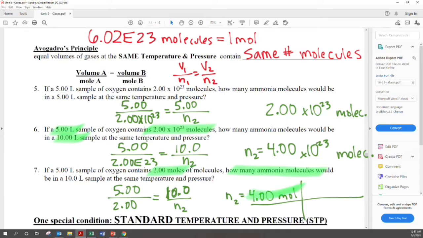And just remember, since I have moles up here on top, that means that the 1 mole part of my Avogadro's number equation is going on the bottom, and then the 6.02 E23 molecules goes on top.